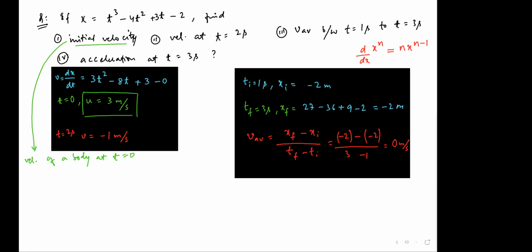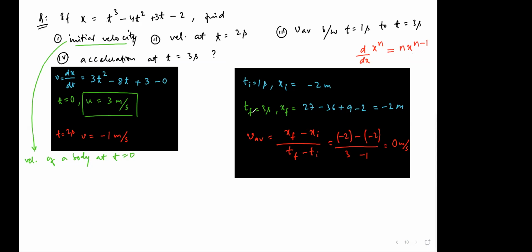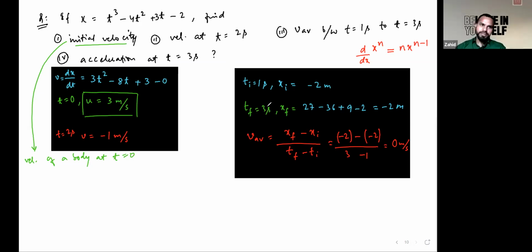Okay. If you put t initial to be 1 second in this expression, you will get x initial as minus 2 meters. Similarly, if you put t final to be 3 seconds in this expression, you will get x final again to be minus 2 meters.